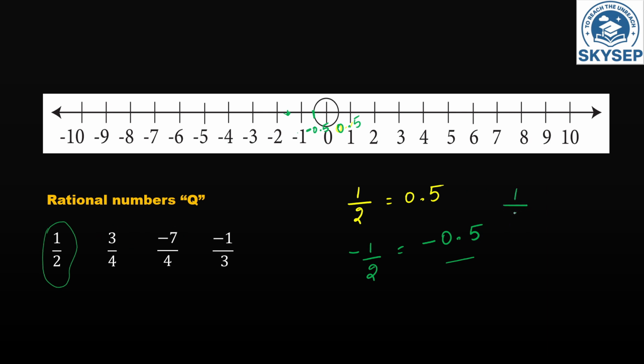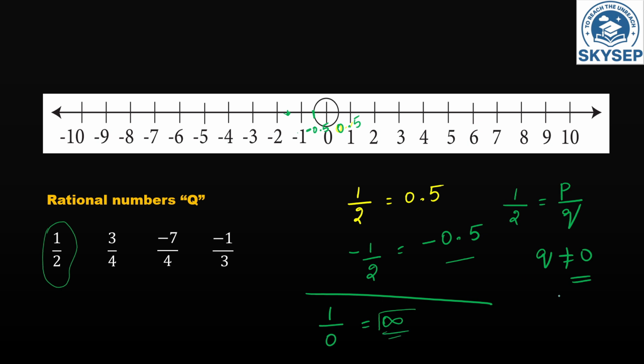Here, 1 by 2, I can represent in P by Q. That means numerator by denominator format, where Q is not equal to 0. What will happen if Q is equal to 0? Basic mathematics, any number which has denominator as 0, its value is undefined, or we can call it infinity. So for any number to be called a rational number, we have to make sure the denominator should not be equal to 0.